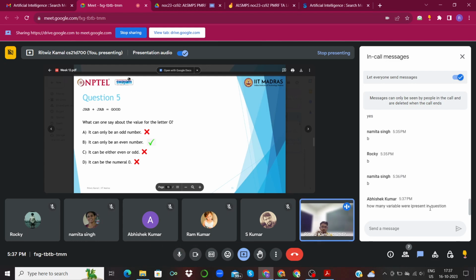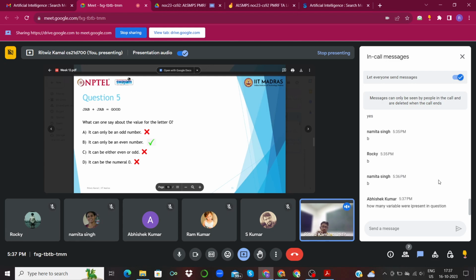How many variables were present in the question? So the number of variables in this particular question, you could say that each letter is a variable, right? You need to find an appropriate configuration or an appropriate map of letters to numerals.